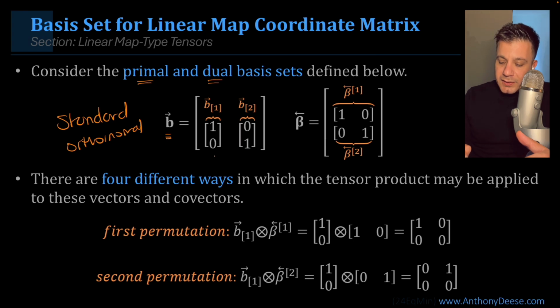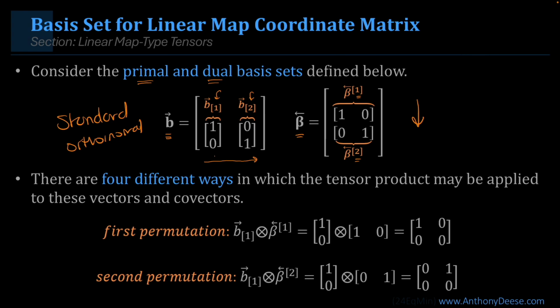And so this is a covariant array. So it's a row, and we have these covariant indices. Then we have the dual basis set, and that is a column-oriented array, and so it's contravariant, and we use these superscript indices.